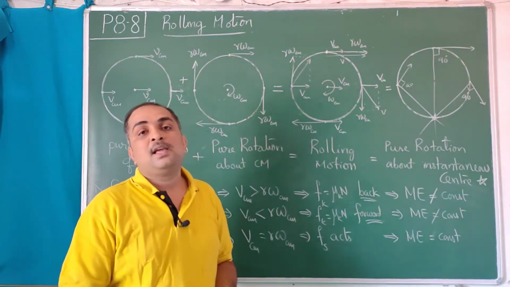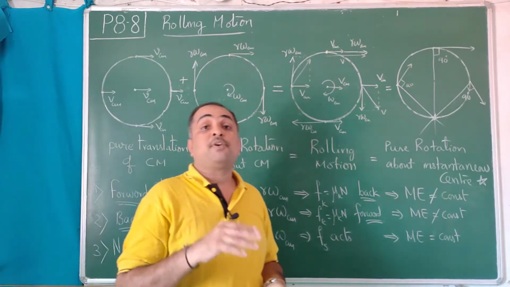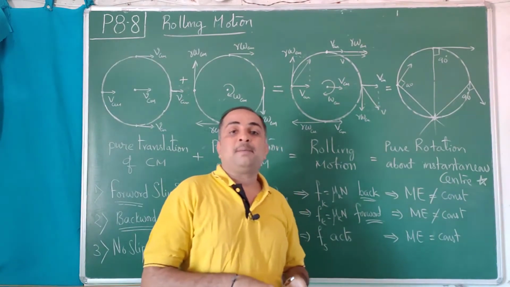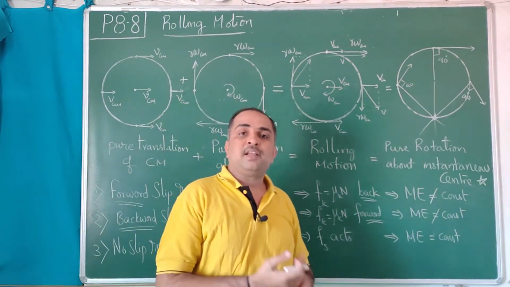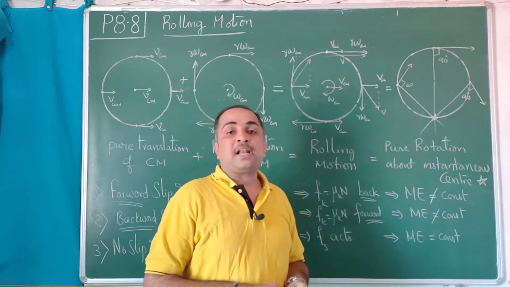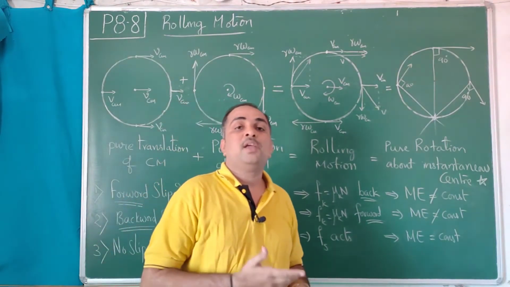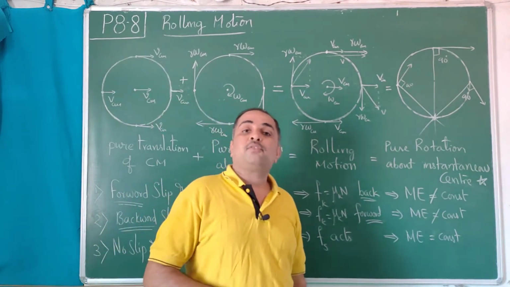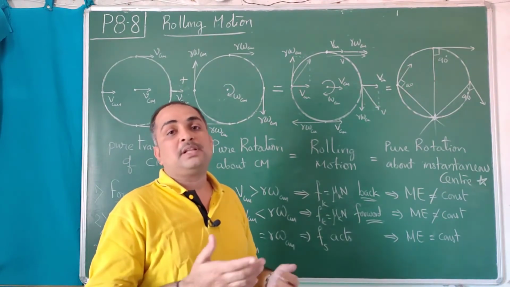This happens 99.9999% of the time. Otherwise the tire you have purchased, MRF or whatever, will not last 40,000 or 50,000 kilometers. Some bad drivers change tires within 30,000 kilometers. That means they continuously apply the brake, continuously accelerate. They don't have a proper way of driving. Suddenly they go, suddenly they stop. In this way rupturing happens, and the tire which should last 40,000 or 50,000 kilometers with a proper driver lasts only 30,000 kilometers.